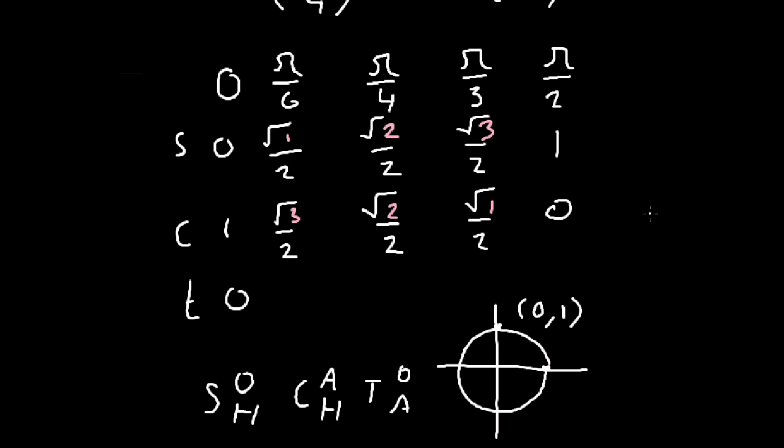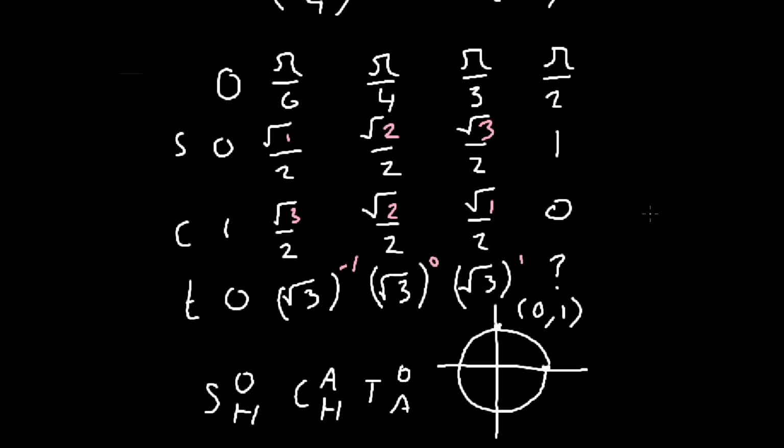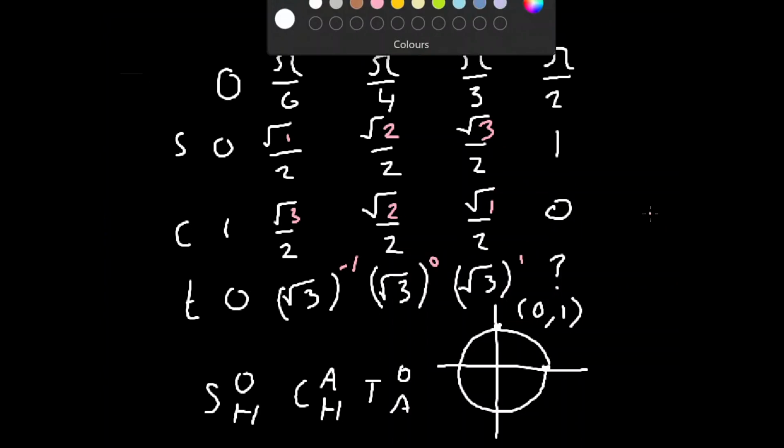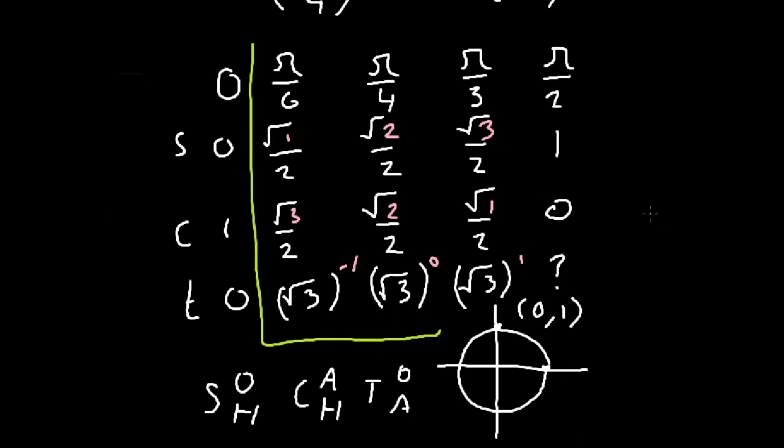And then we can replace it here as root 3 to the power of minus 1, 0, and 1. We don't know what it is at infinity, but we can say this is minus 1, 0, and 1. So the two things that we're interested in are these ones in green here.